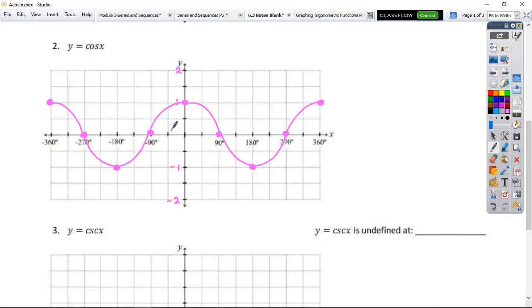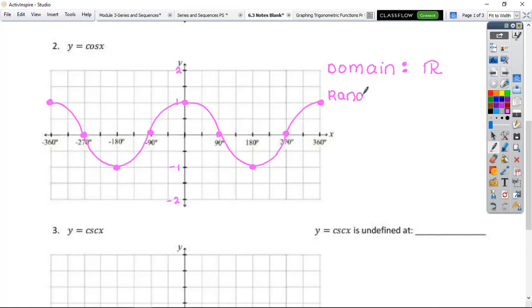Now I'm going to write the domain and the range for the cosine function. So my domain here, does it have any restriction to it? It does not. Good. So domain, I can quite simply just say again, all reals. Now my range.